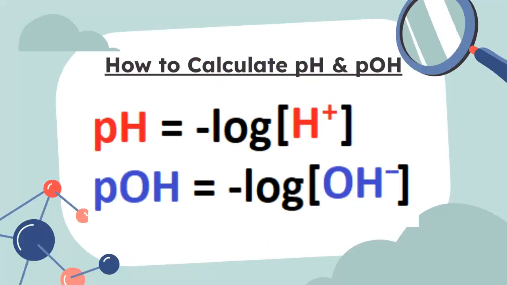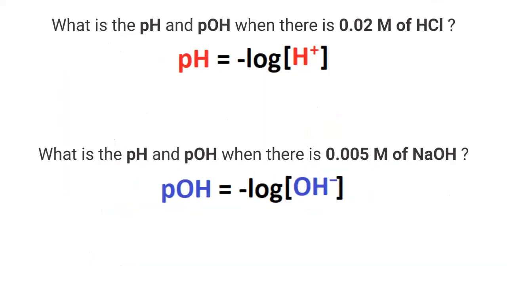You can also go from H plus to pH and OH negative to pOH using your negative logs. So pH equals negative log of H plus, and pOH equals negative log of OH minus. So for example, what is the pH and pOH when there is 0.02 molar of HCl?